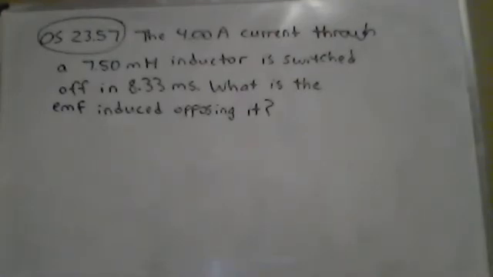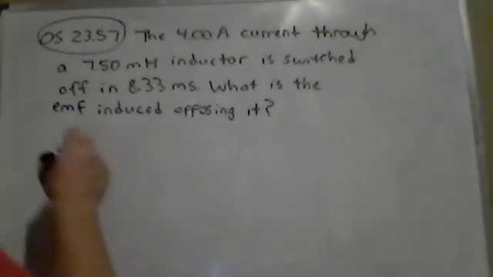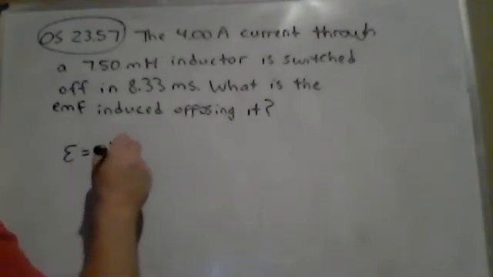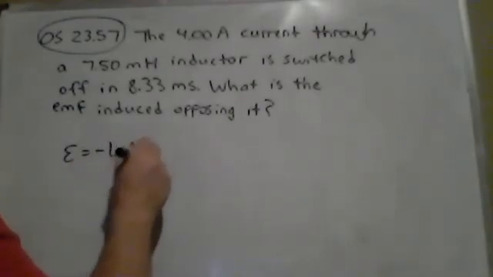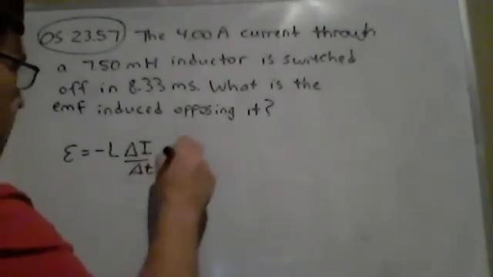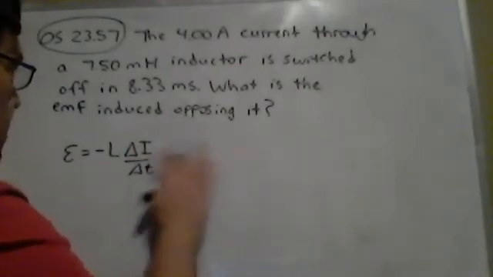This is the self-induced EMF equation: epsilon is negative L delta I with respect to t.